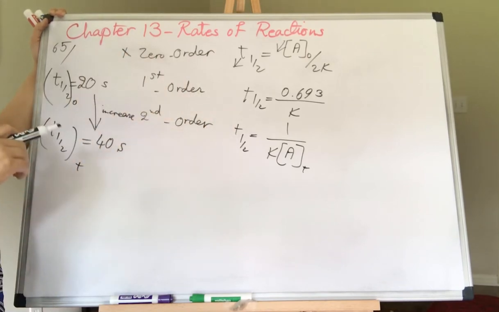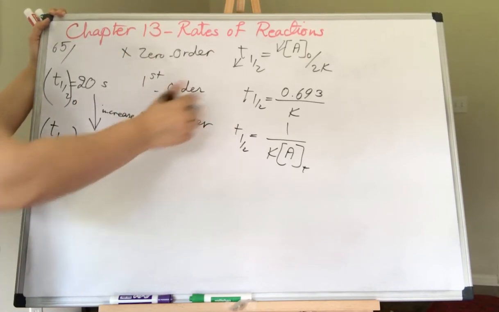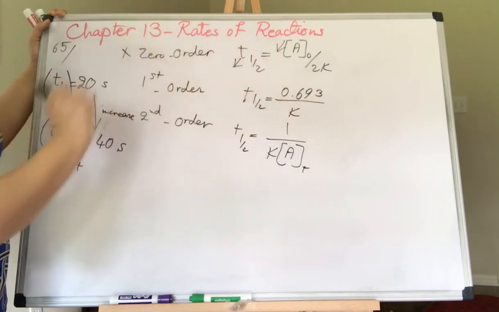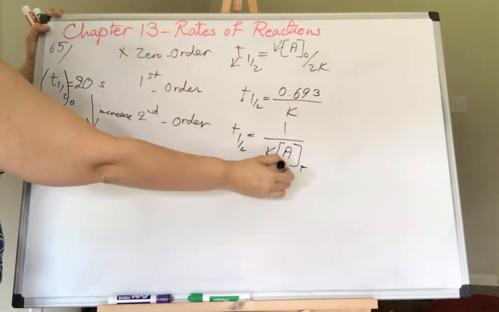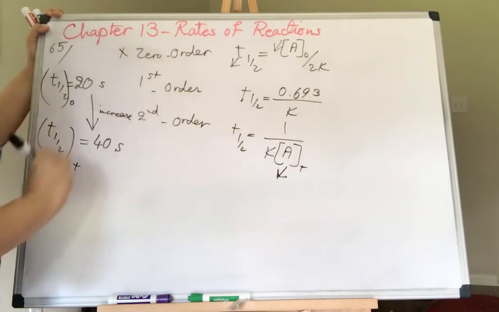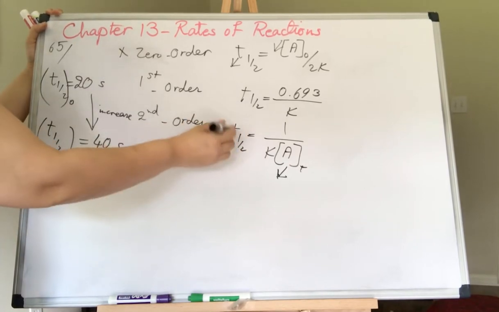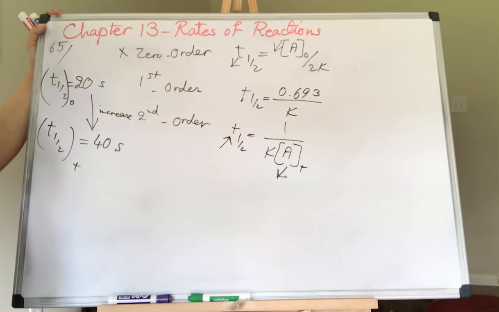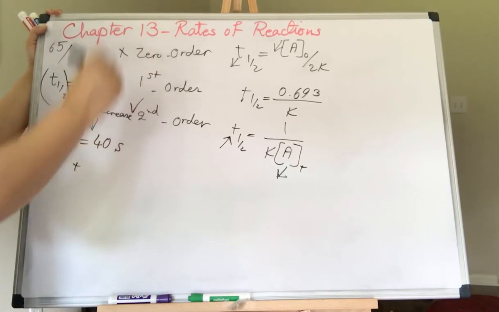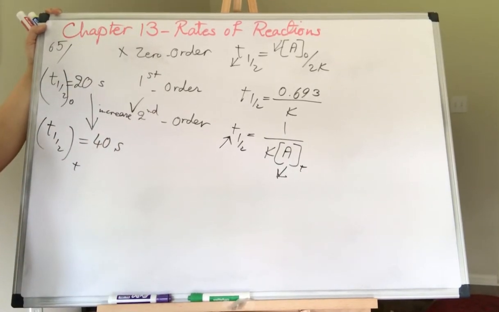For the first order, it doesn't change with the concentration. But here, by decreasing the concentration, the half-life increases. So you can conclude from the equations for half-life that this is a second order.